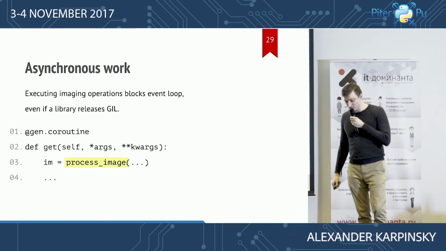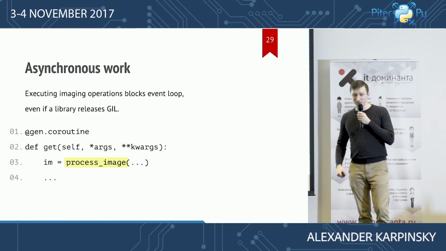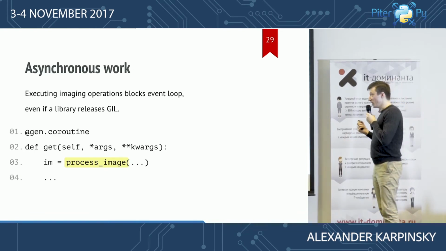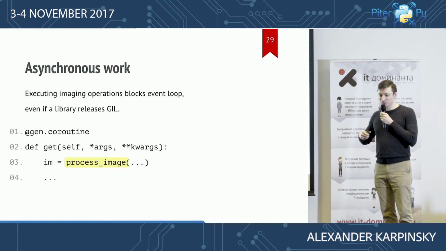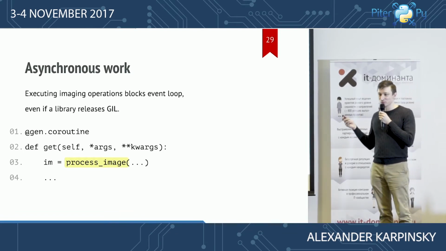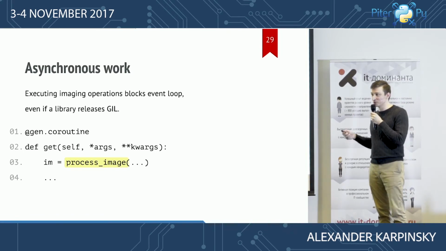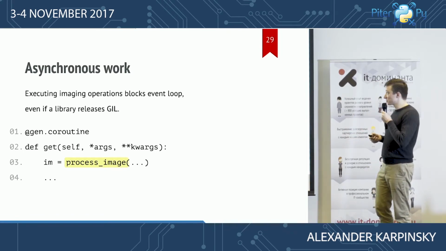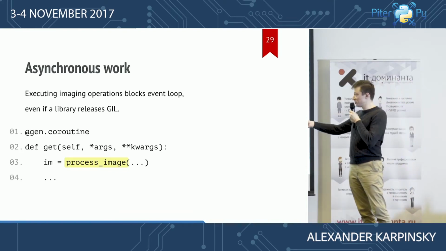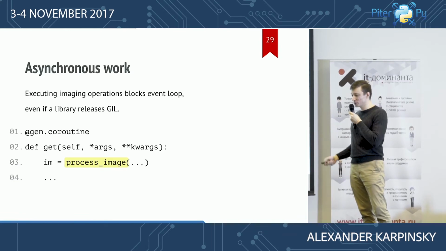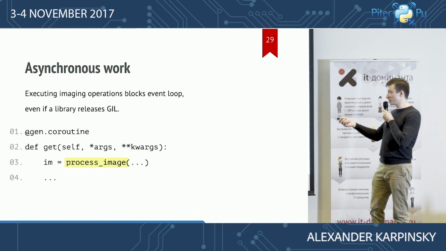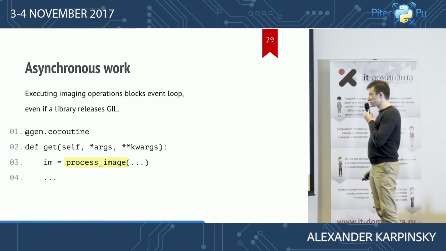And if we start talking about Tornado, I think it's a good idea to use concurrent frameworks together with image processing, because when the operations are executed by the CPU, it is wise to keep input and output going. But if we call the graphic operation, it blocks the event loop, and there is no output, even if the library releases the GIL.